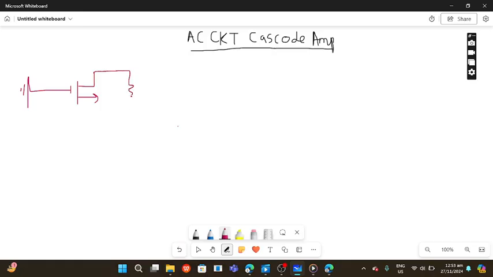It is a similar circuit which we studied in the previous video.